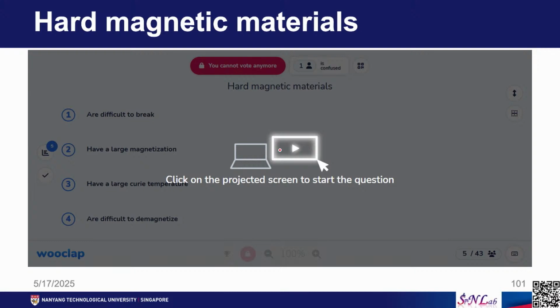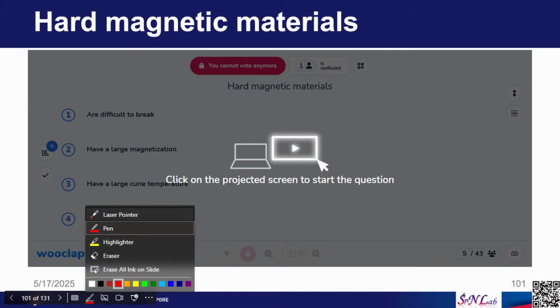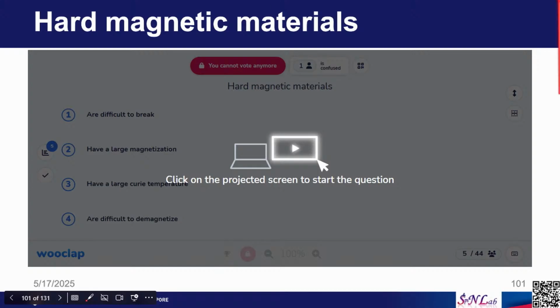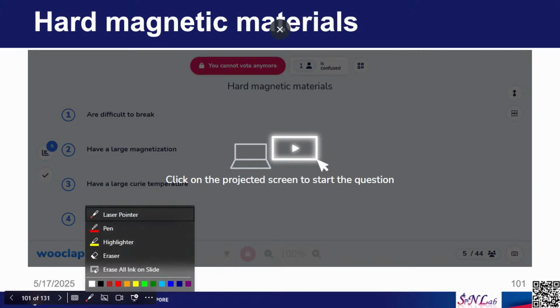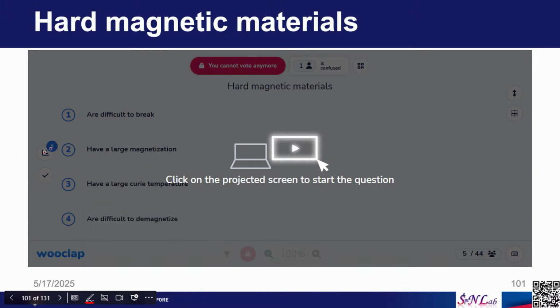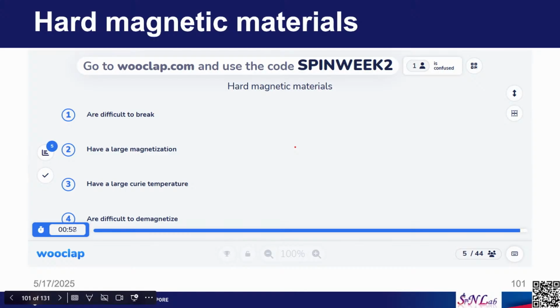Okay, this is a different code, is it? Yeah, same code, the one you used yesterday.